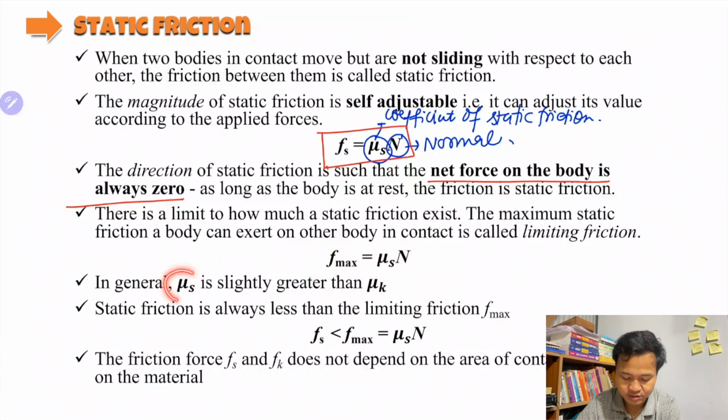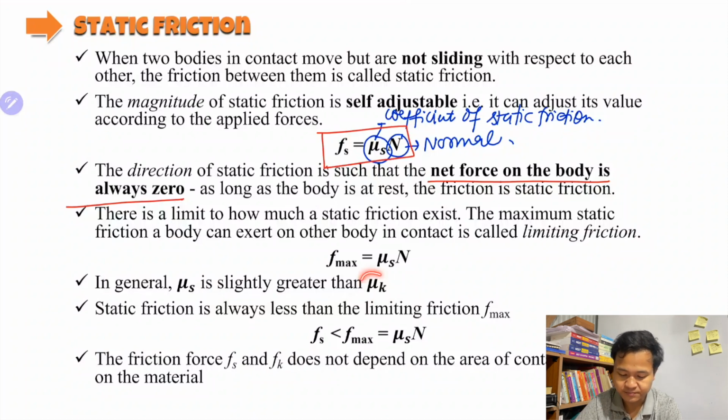In general, mu s, the static friction coefficient, is slightly greater than mu k, the kinetic friction coefficient, because of the microscopic level. When two solid bodies are in contact, you have contact force from the particles and their attraction. When sliding starts, this interaction becomes weaker, so the contact force becomes lower.